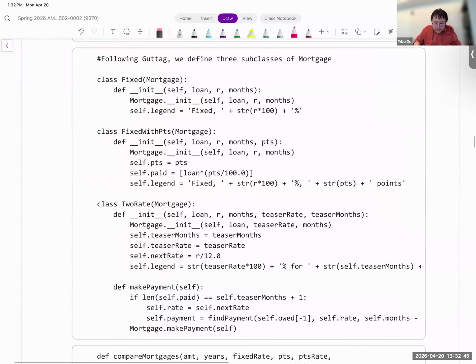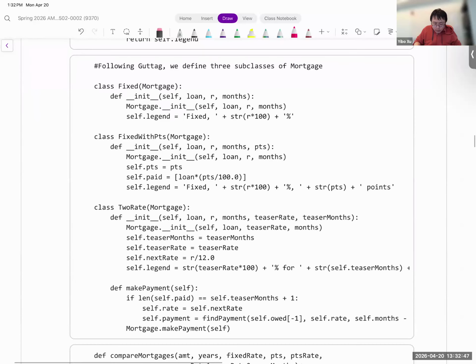The fixed rate mortgage is basically where you would have the old mortgage class initializing with the interest rate R. The fixed subclass in mortgage is exactly as we initialized.